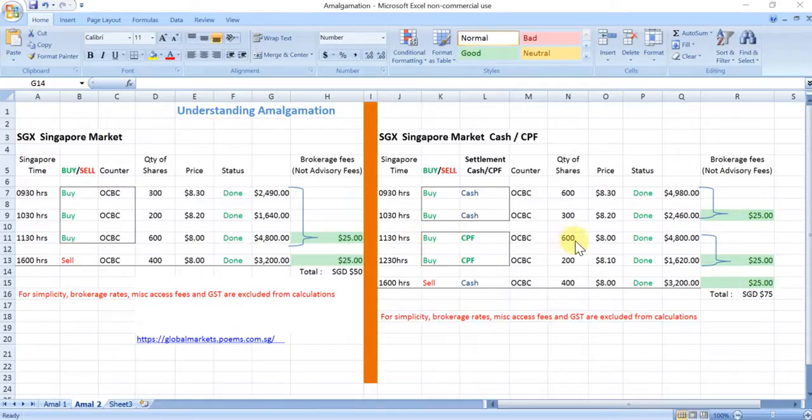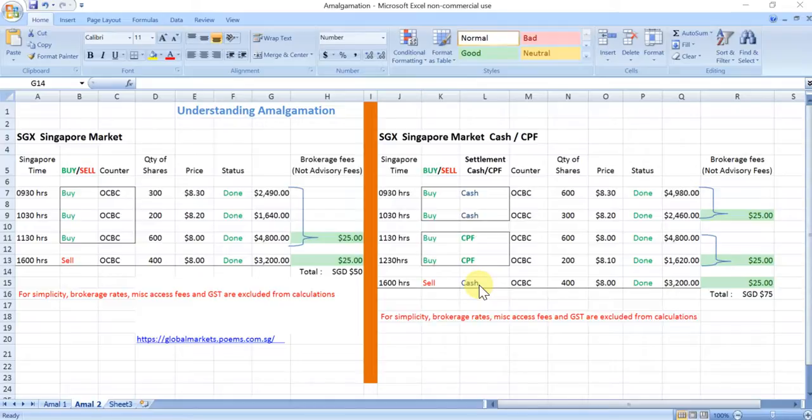The first one was to buy 600 shares using CPF OA, and the second transaction was to buy 200 shares using CPF OA. At a later part of the day, he decided to sell some OCBC shares, and this is set as a cash trade. So in this instance, how is the brokerage fee calculated?